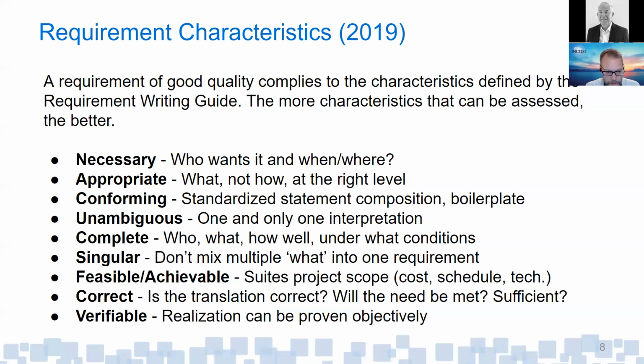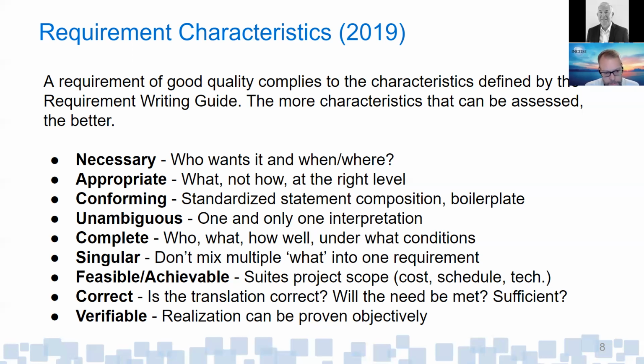Feasible, achievable. Here we have a famous tug of war between stakeholders asking for more, while the developing organization needs to make sure that we're not taking on too much risk and that we still fit the project scope in terms of cost and schedule.